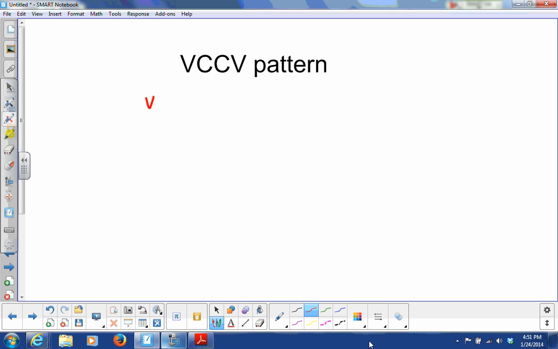Vowel, consonant, consonant, vowel. Okay, and we will separate them between the 2 consonants.